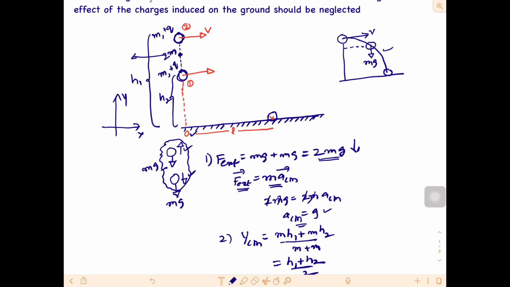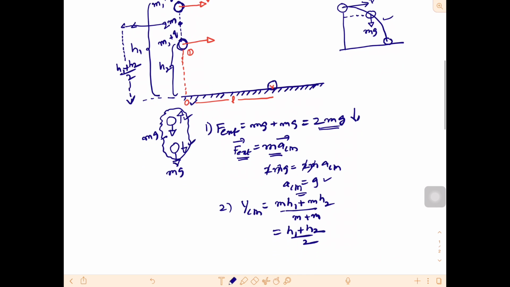The space is not enough. I'll rub this off. This is taken out. So the height from here, I'll extend this, is (h1 plus h2) by 2. So center of mass is at a height of (h1 plus h2) by 2 and its mass is 2m. And its acceleration we found is g, the acceleration due to gravity.